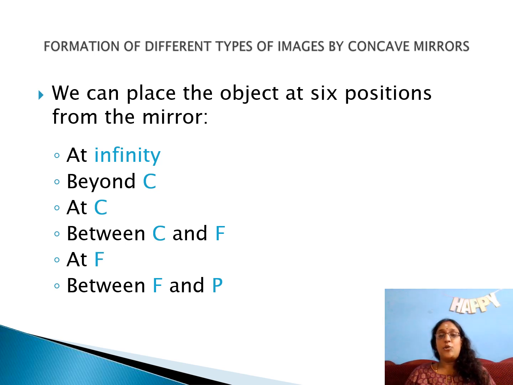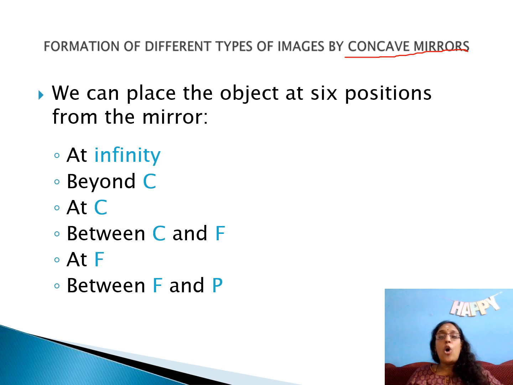So next, I told you that we are continuing to the next part of the spherical mirror. That is nothing but the six positions, right? For the concave mirror, you have six positions. The mirror will be the center, and your object will be somewhere at a particular distance from your mirror.